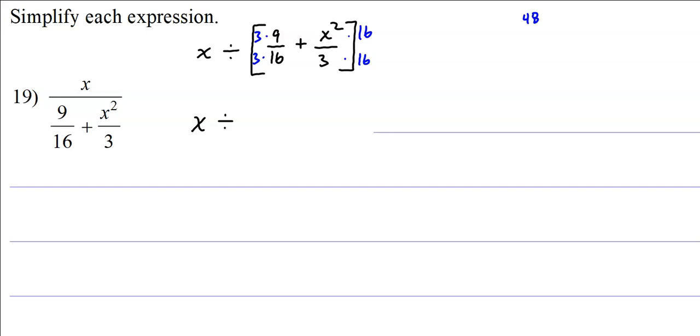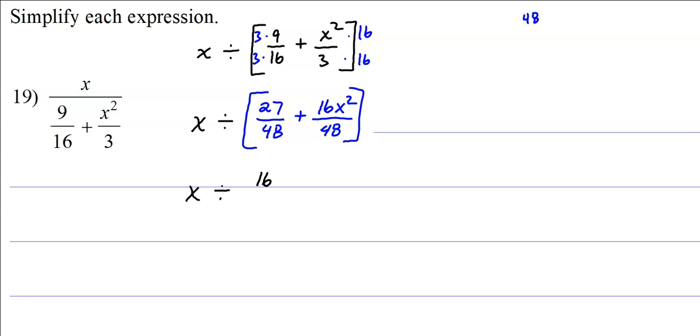So that gives me 27/48 plus 16x squared over 48. And I can now add those two fractions together because they have a common denominator. So I can say, all right, this is x divided by 16x squared plus 27 all over 48.